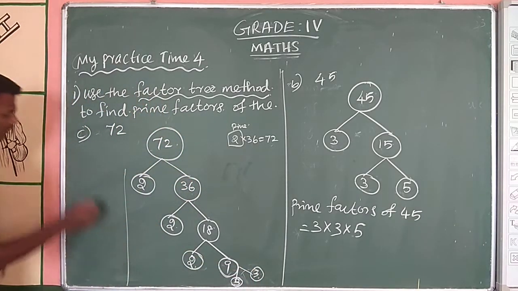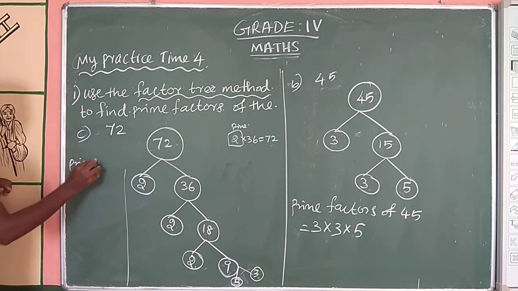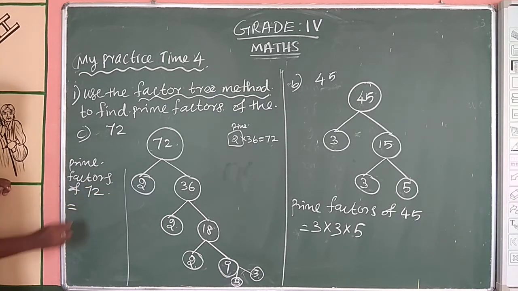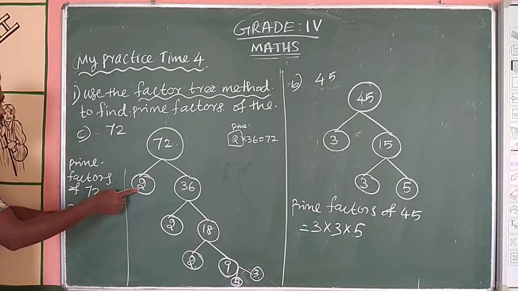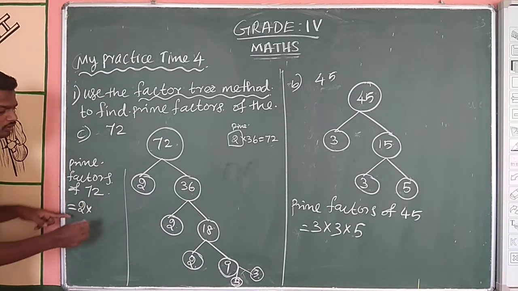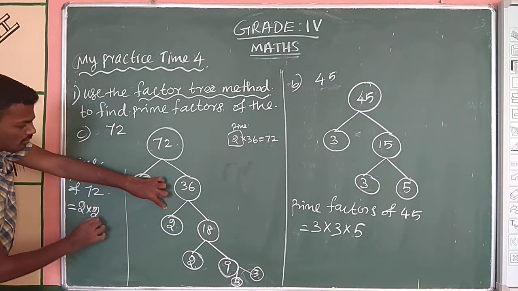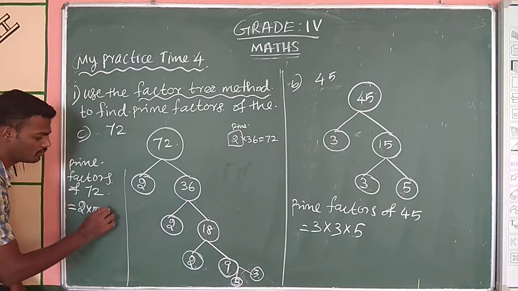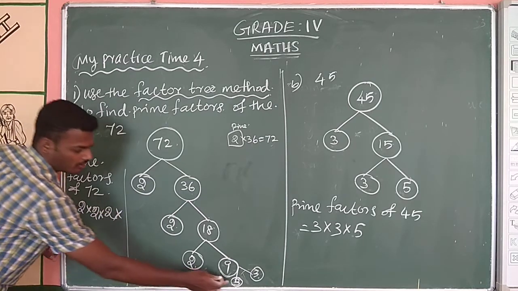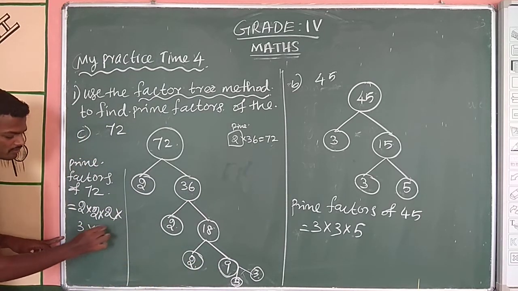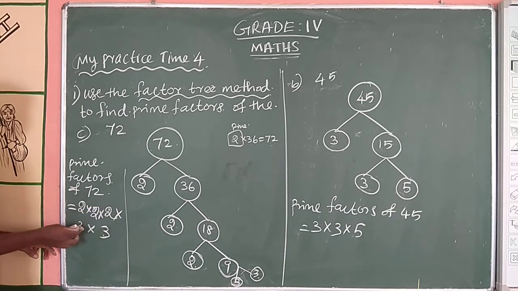So prime factors of 72 is equal to prime number 2 into 2 into 2 into 3 into 3. All numbers are prime numbers. So 2 into 2 into 2 into 3 into 3.